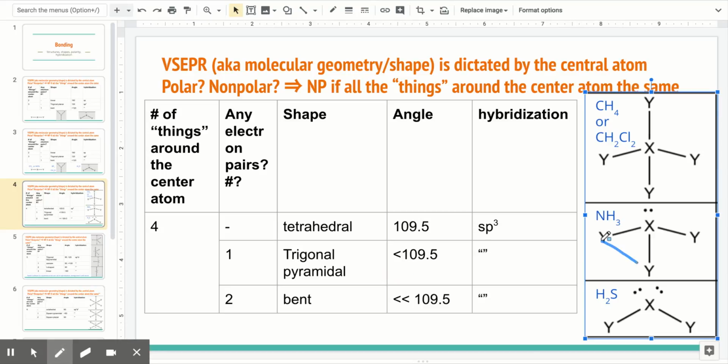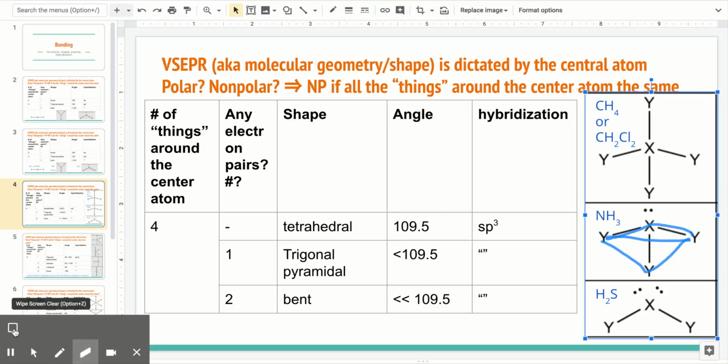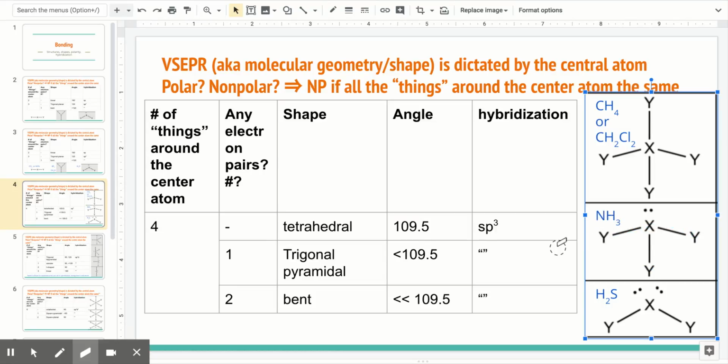Basically, if you imagine these things are a triangle base going up, that makes your pyramid. Sorry for the bad drawing. And an example of that is NH3, where you would see that structure. So again, is this polar or nonpolar? Well, it has 4 things around the center. Are all of them the same? No. 3 are going to be bonds and 1's going to be an electron pair. So anything with this shape is going to be polar.